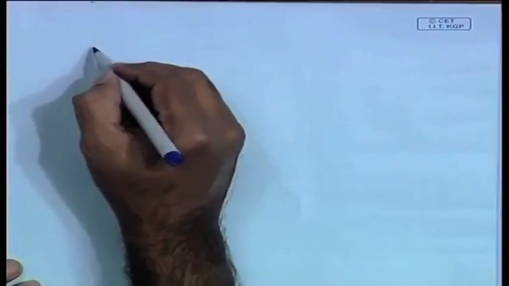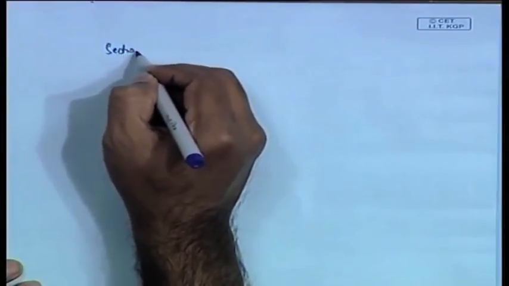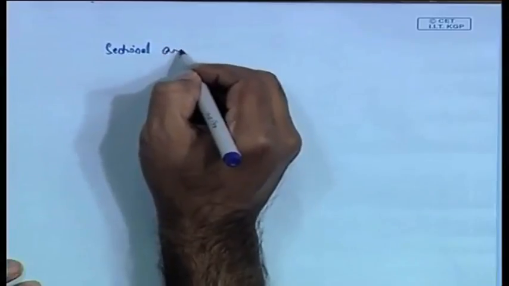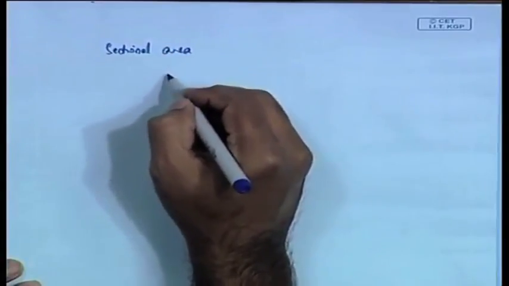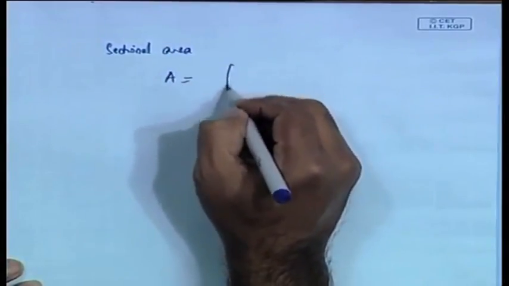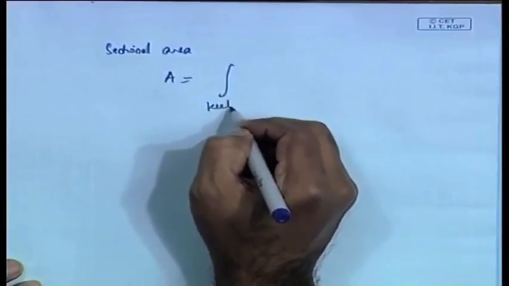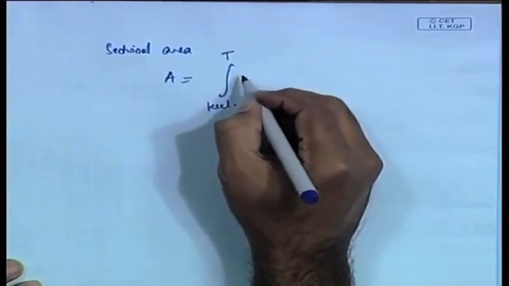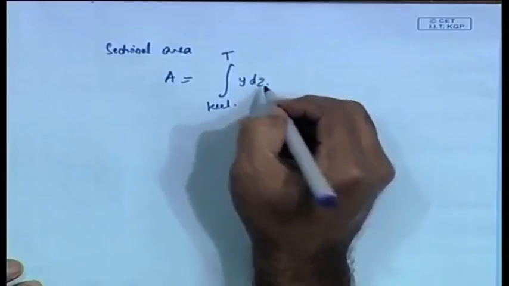Then we have the definition for sectional area. The sectional area is defined as A is equal to, actually there is not even much of a need to explain this. This is the sectional area.